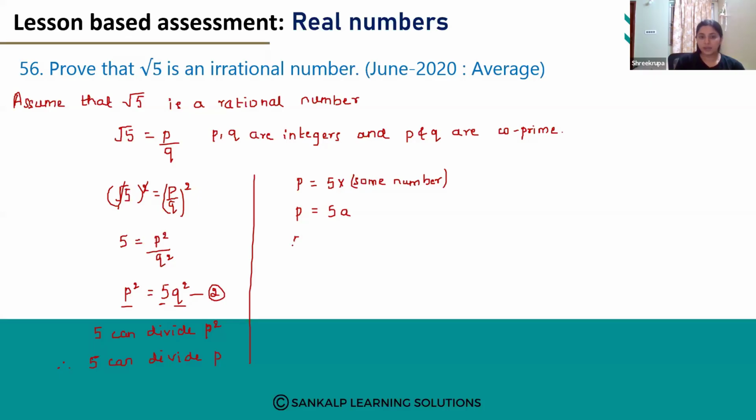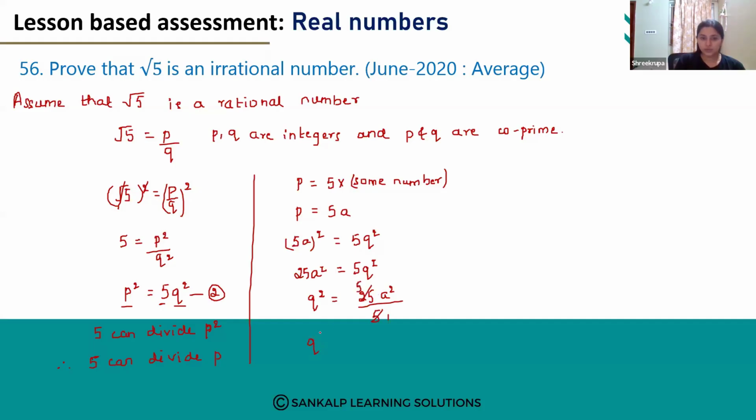So we will get (5A) square is equal to 5Q square. 5 square is 25 and A square is equal to 5Q square. Let's rewrite this for Q square: 25A square divided by 5. 5 ones are 5, 5 fives are 25.